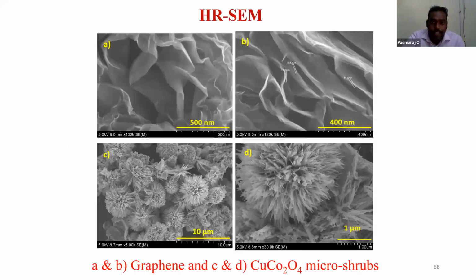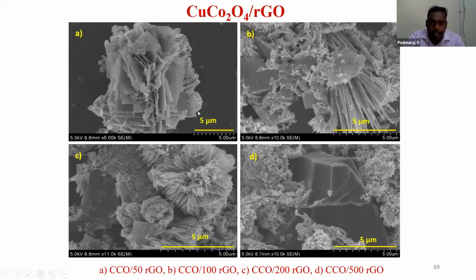Okay, this is a different concentration of transition metal oxide decorated on the graphene sheets. CCO 50 RGO will be there. 50 RGO means 50 milligrams of RGO, then 100 milligrams, 200 milligrams, and 500 milligrams of RGO. The metal precursor is the same. By changing the amount of graphene content, I want to see the synergistic effect.